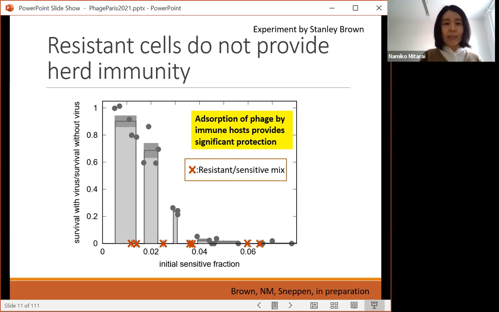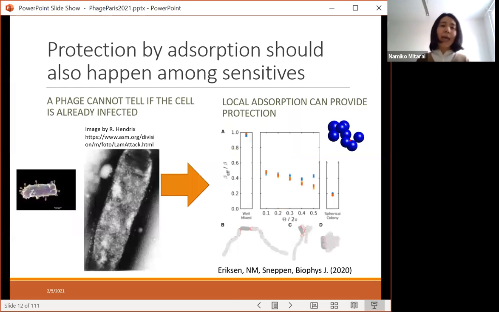Once we saw this, we realized that this absorption of phage is also happening all the time, and this protection by absorption of phages should also happen among sensitive cells. When you take a photo of bacteria that are attacked by phage, you often see a huge number of phages infecting the cells.